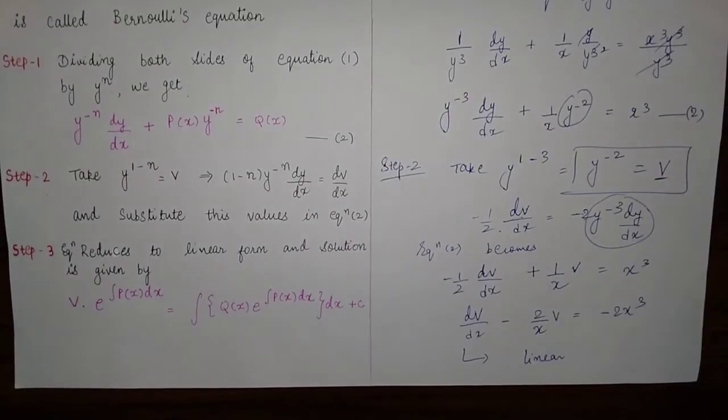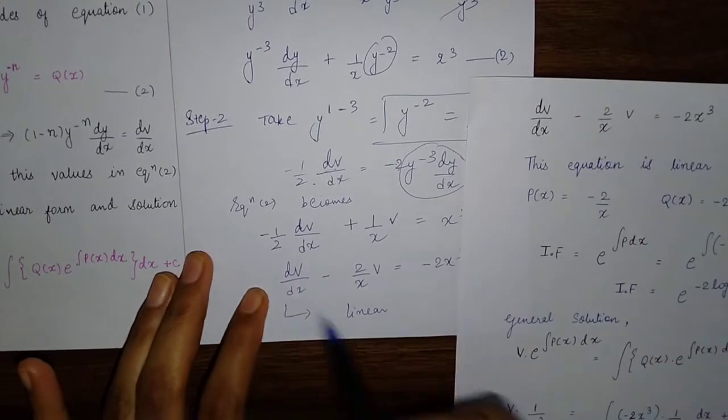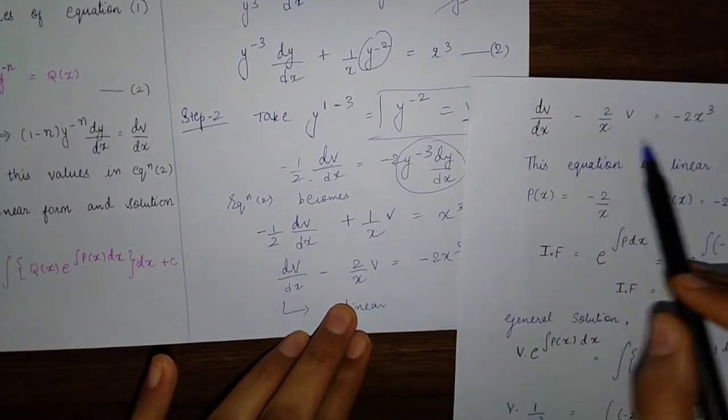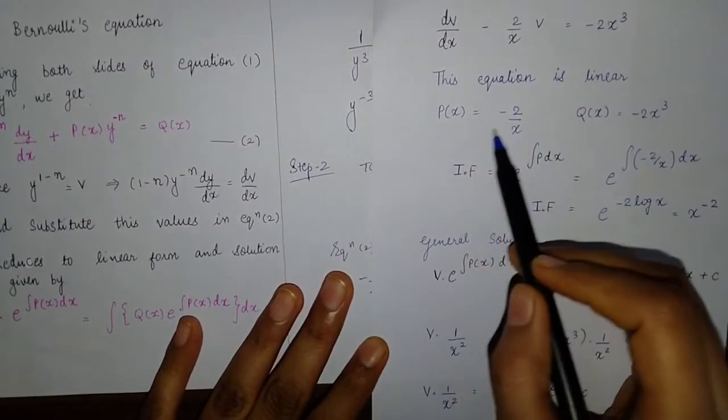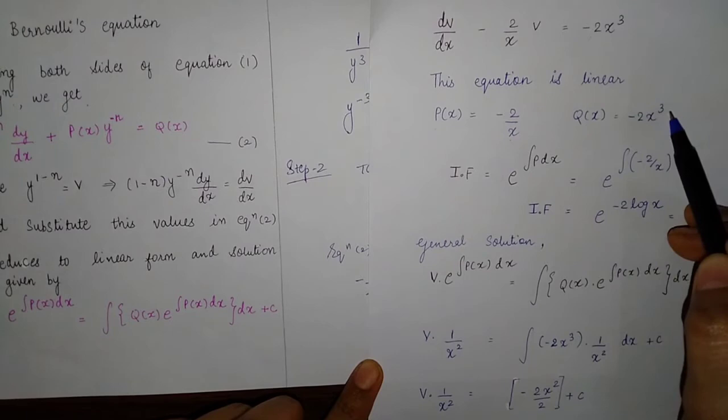So now this equation is linear, and we all know how to solve a linear differential equation. In the previous lectures we already did. So the equation that we obtained, dv by dx, is linear. From that we can find that px will be minus 2 by x and qx will be minus 2x cube.